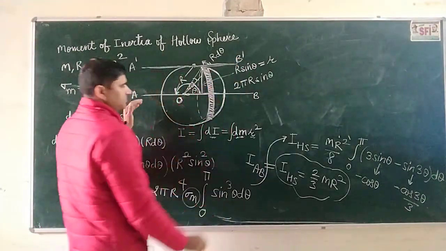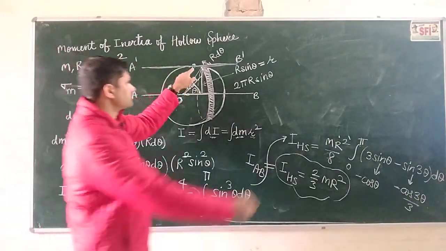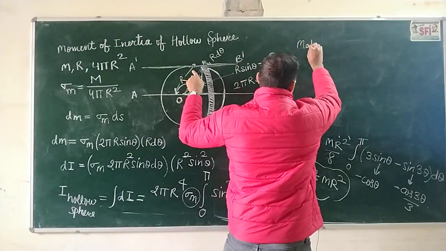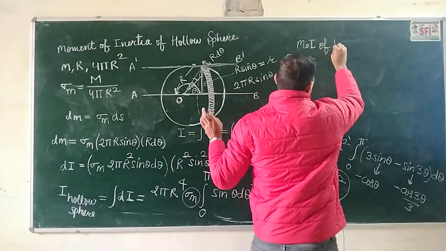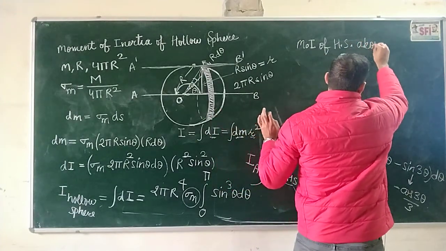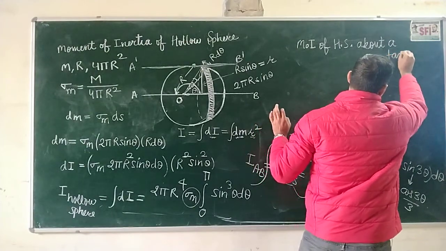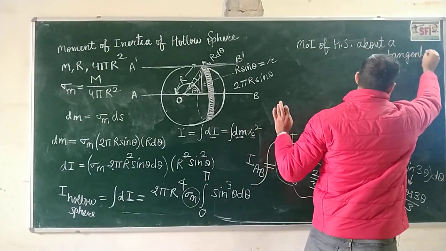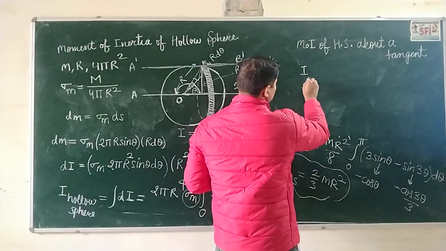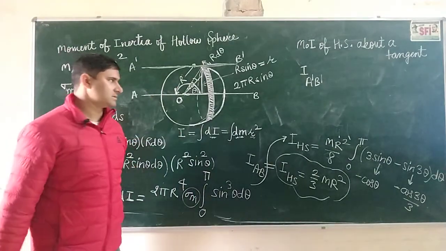So this axis is passing along a tangent, and the moment of inertia of hollow sphere about a tangent will be equal to, A dash B dash, you see here A dash B dash is the tangent.